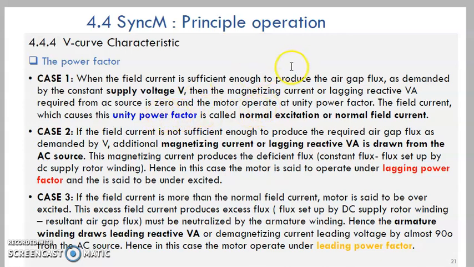So here is the explanation of the power factor condition on the motor of a synchronous motor.